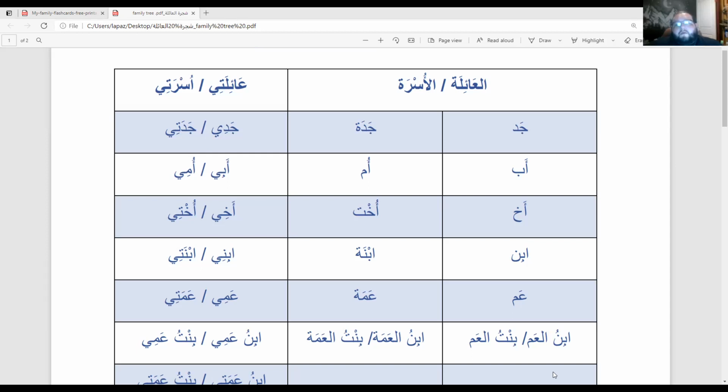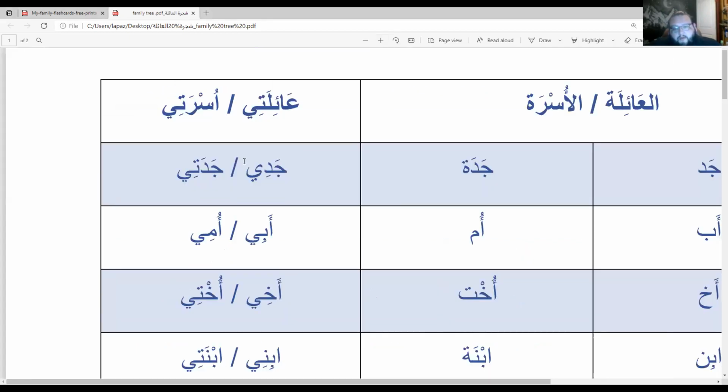We will later talk about the ta marbuta. It also has its own rules when we add a suffix to words, so that it no longer sounds like a ha, it sounds like a ta, and we write it down as a ta. For example, عائلتي: it's عائلة with the ta marbuta. When I add the possessive ya, it would be عائلتي.